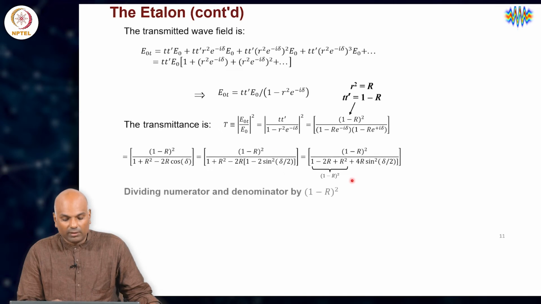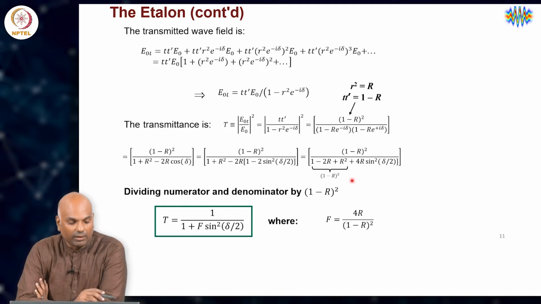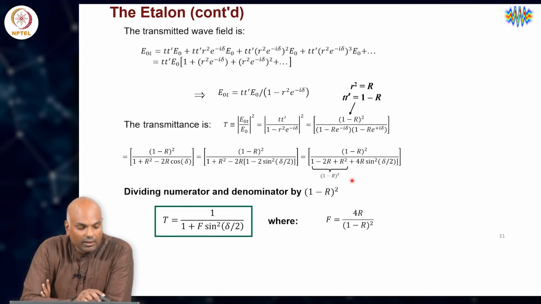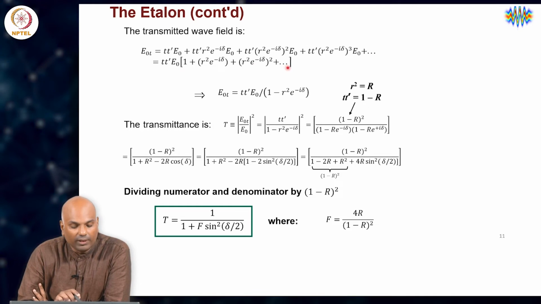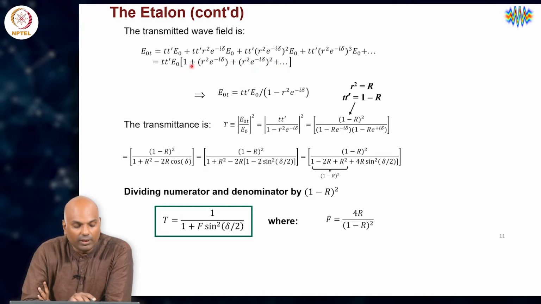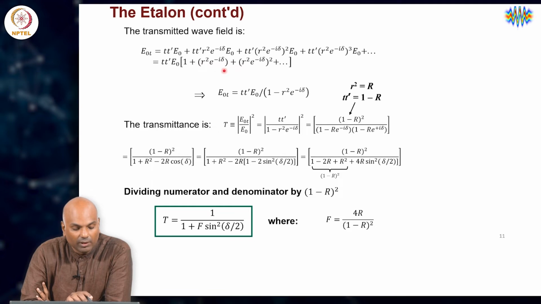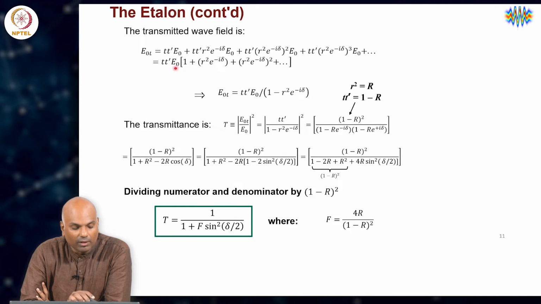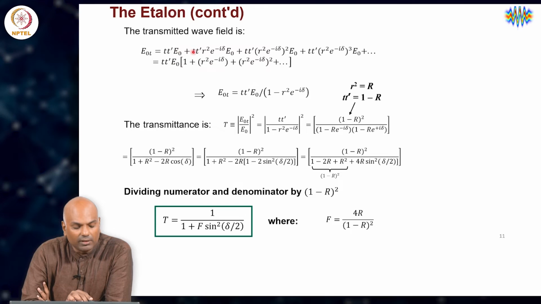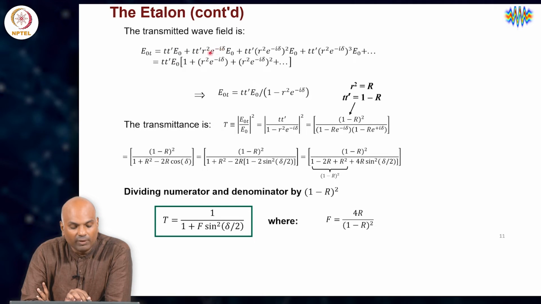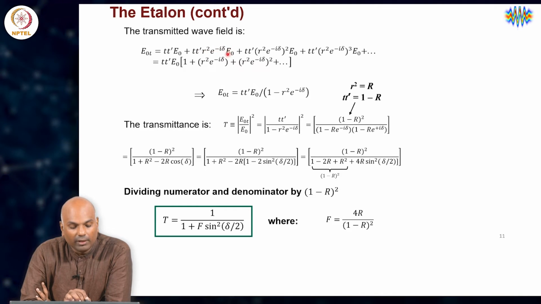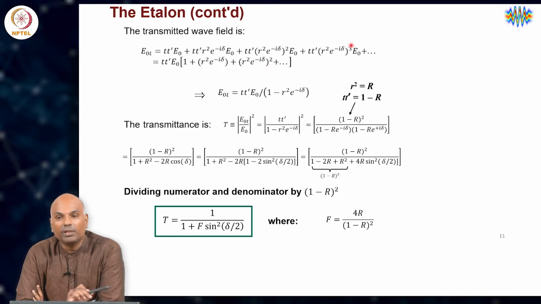We look at this slide in its entirety, since this is a summary, and if you look at the first attempt that we make towards computing the entire transmitted intensity to the right, that is the first line of terms and equations over here, we have a series, a geometric series in r square e to the i delta as the common factor multiplying t t prime times E naught, then each of these successive terms diminishes in amplitude.